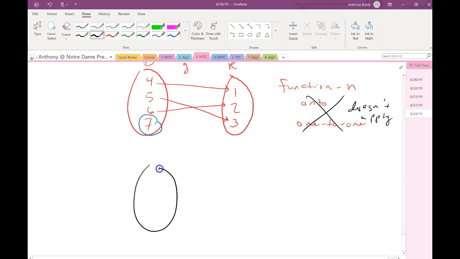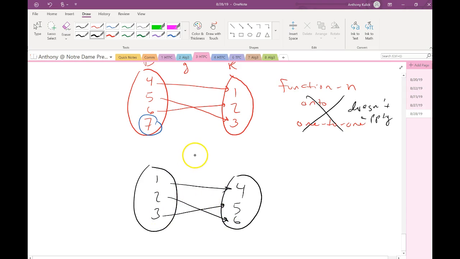If we have something that's both, A, B, C, D, E, F, G, H is the next letter. So H is a function. Is it onto? Yep. Is it 1-to-1? Yes.